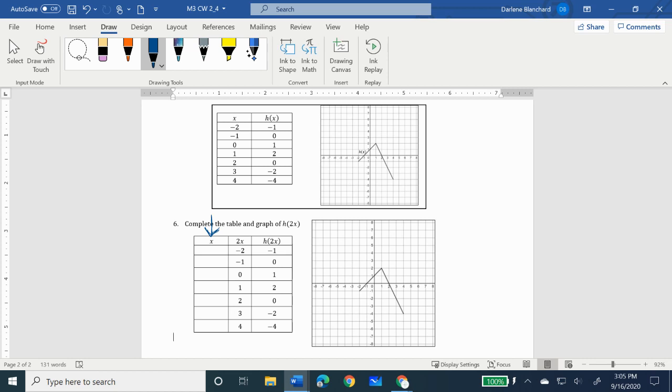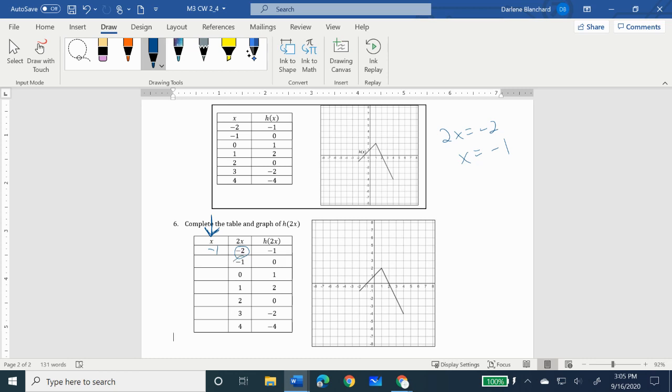To get this column based off of 2x, you want to look at if 2x is equal to -2, what is x equal to? -1.